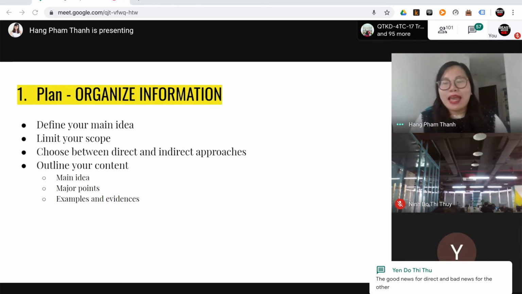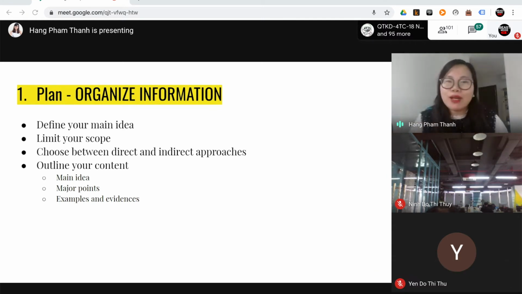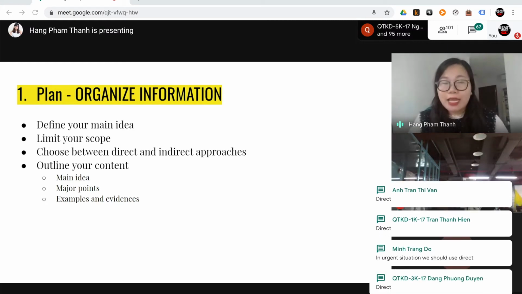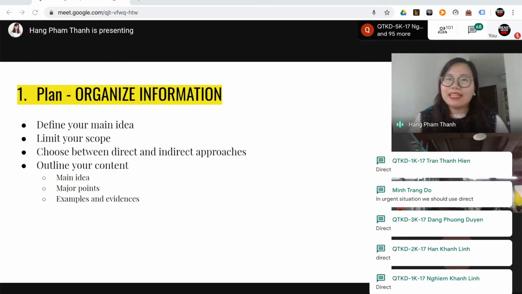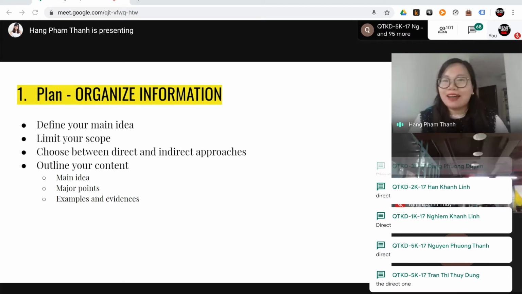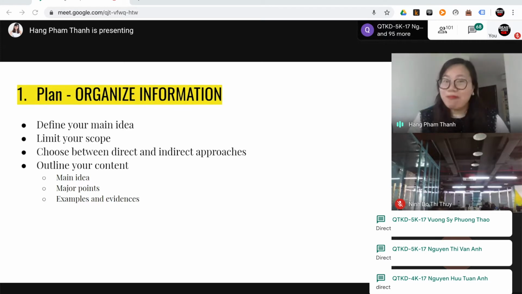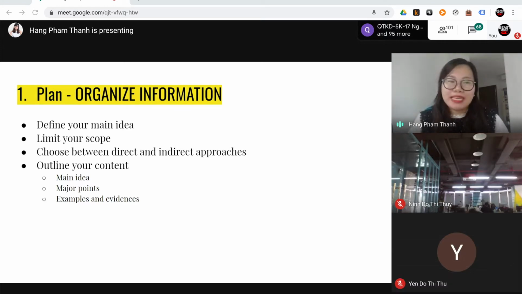If you congratulate someone on their job offer and welcome them to the company, will you use the direct or indirect approach? Yeah, direct, right? But if you're informing a candidate that we are sorry, we will not hire you, you are not good enough, something like that, maybe the indirect approach might be easier for them to get the message and accept the message, right?